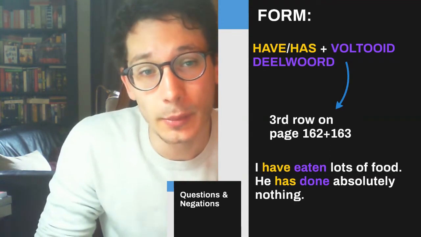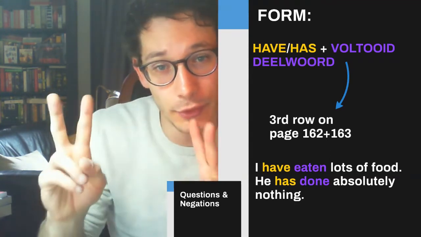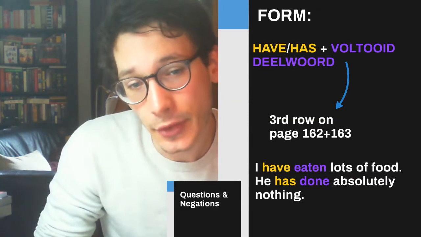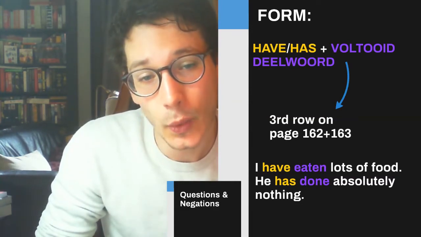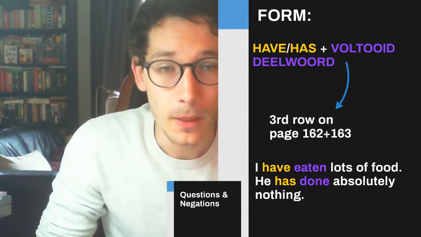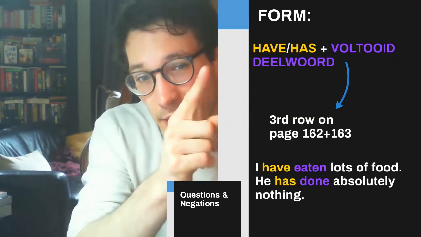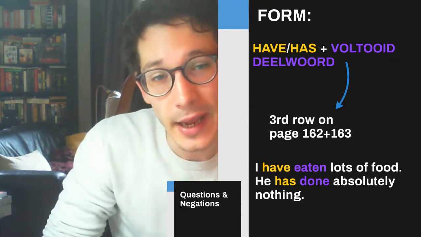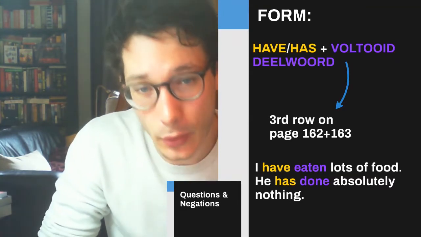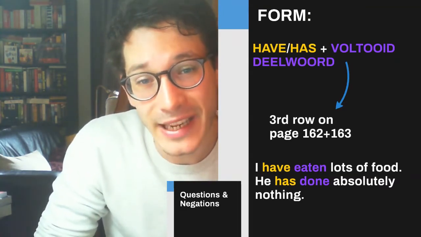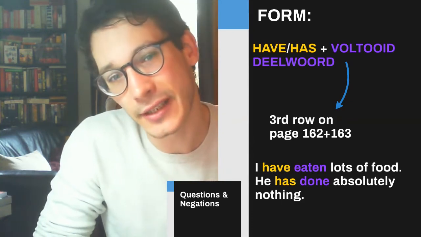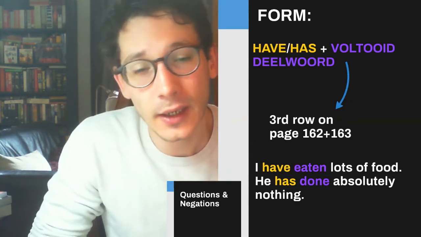The third row, past participle of the verb to do, is done. So I have eaten, or he has done. Okay? I think if you know what the past participles look like, then this is not too difficult. You just need to choose between have or has, and we use have for everything except for he, she, it, because those get has. Okay?